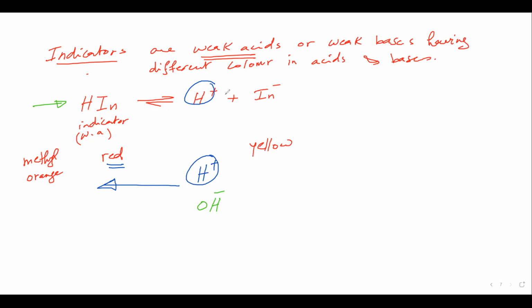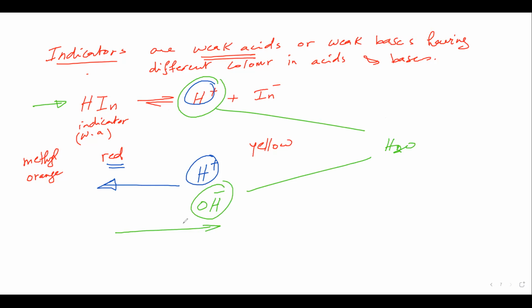now the H positive is going to react with the OH minus, and this means it will form water. And so the amount of hydrogen ion decreases in the equilibrium position, and so the position of equilibrium will shift to the right-hand side to compensate for the loss of the hydrogen ions that reacted.